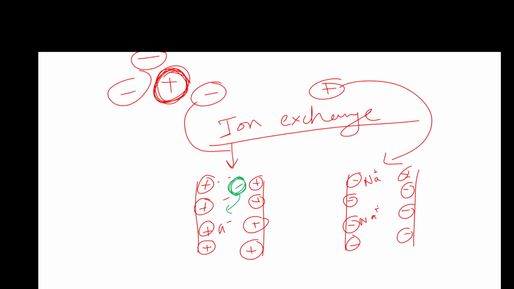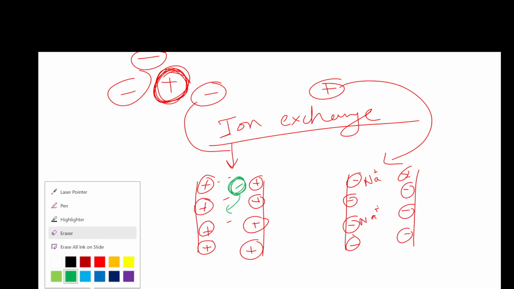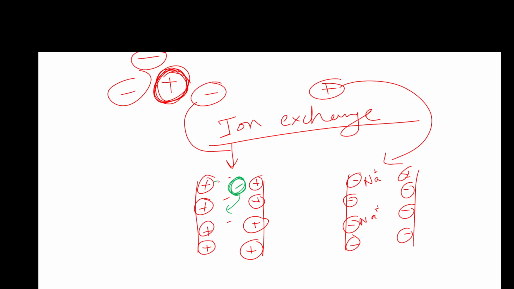The chloride ions will be replaced and occupied with the protein. Similarly, in this case, the sodium ion will be exchanged, and the positively charged protein will bind to the matrix. This is how the binding of your desired protein happens.